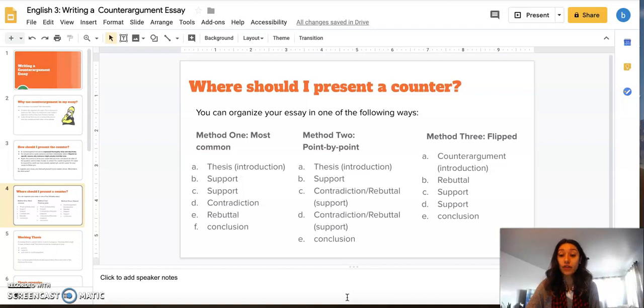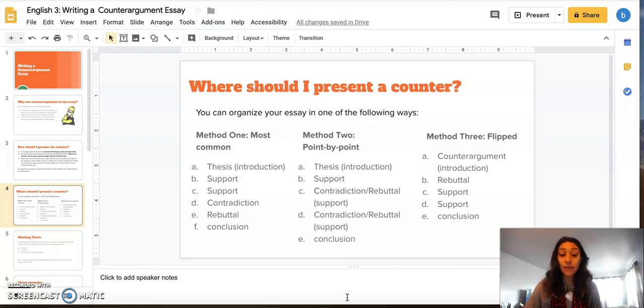Your first body paragraph would be the rebuttal, then the following paragraphs would be supporting paragraphs to your thesis statement, and you'd end with a conclusion. It is important to note that in any method, the rebuttal and the conclusion are 2 separate paragraphs. You'd never want to end a counterargument paper with just the rebuttal. You have to have a separate concluding paragraph to end the essay overall.